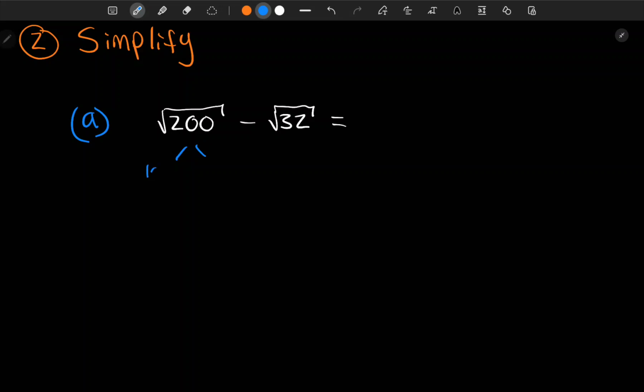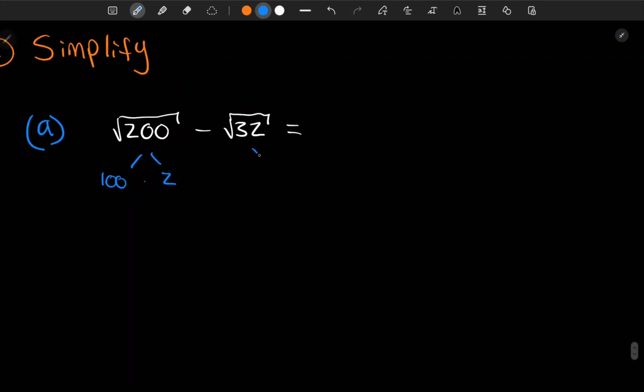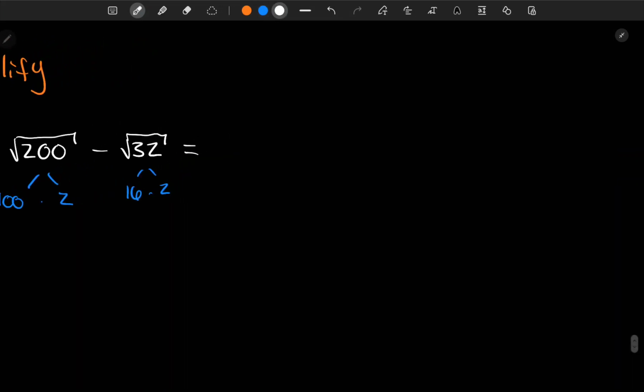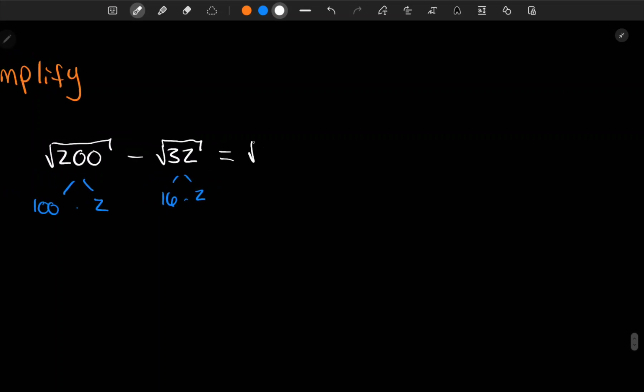For us, it could be 100 and 2, because 100 times 2 is equal to 200. Similarly, 32 can be factored into 16 and 2, because 16 times 2 is equal to 32. So this expression is just equal to square root of 100 times 2 minus the square root of 16 times 2.